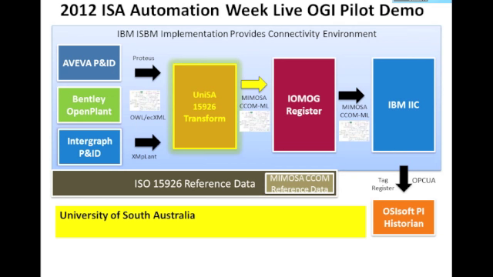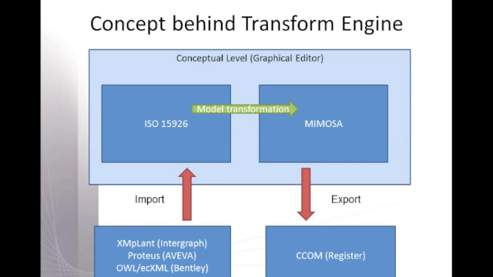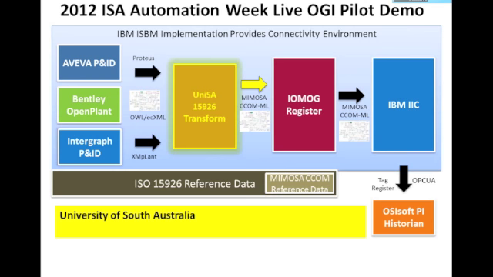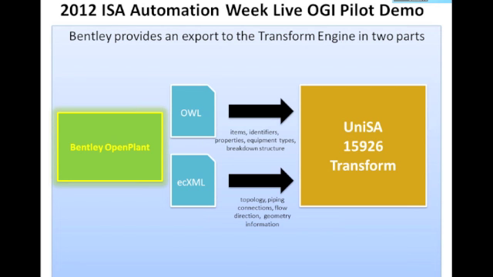What Bentley provided us is the same information as Intergraph and AVEVA provided us, but in a different format. This format consists of 2 files. The first is an OWL syntax, and the second one is an ECXML syntax. These 2 parts contain different information.